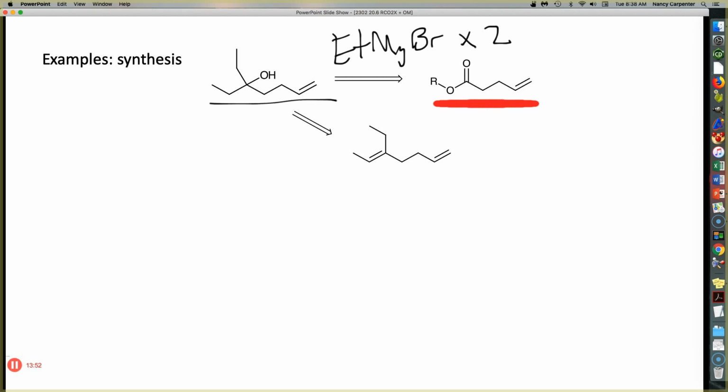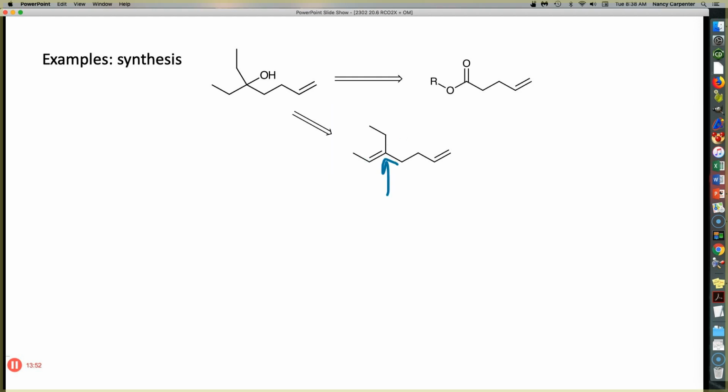But there's a million different ways to make alcohols. Why don't we just hydrate this alkene right here? It's regioselective. It would make perfect sense that the alcohol would go here. So why is that a bad idea?